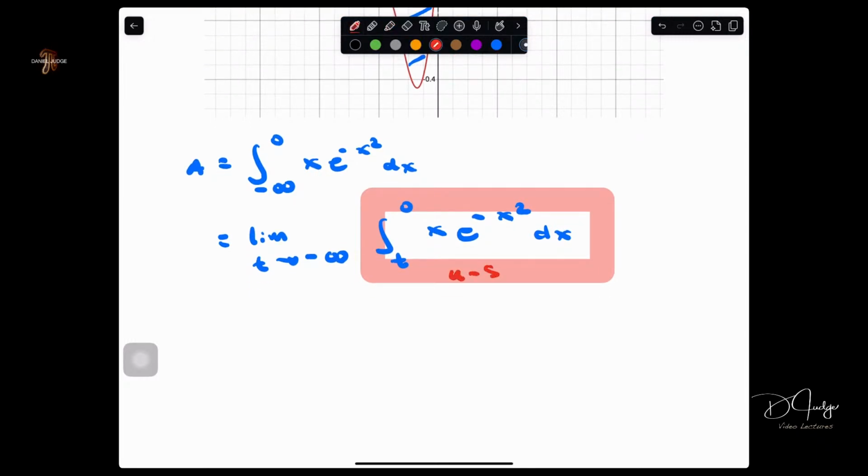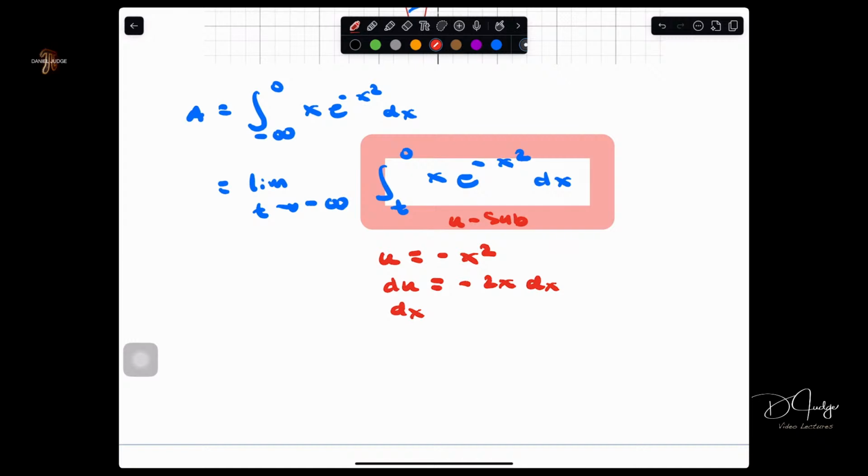So this is going to be a u substitution, where u is minus x squared, which means du is minus 2x dx. dx is du over negative 2x.